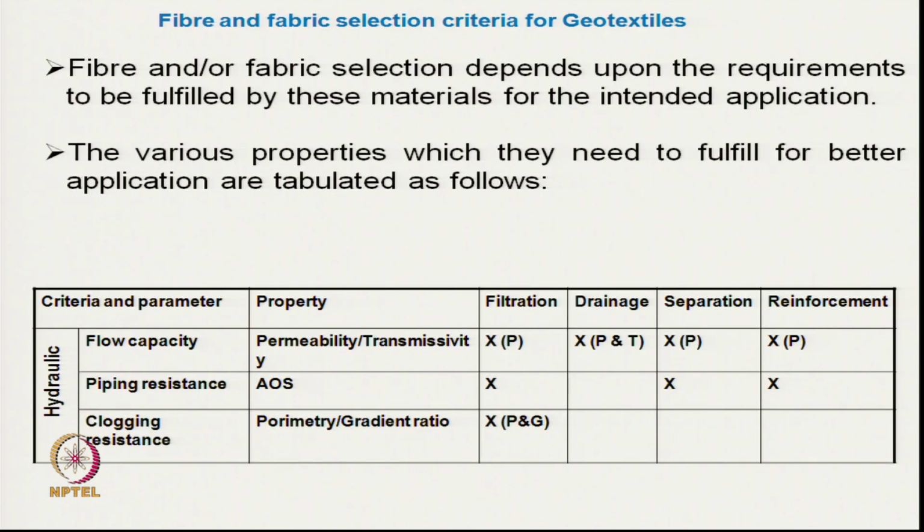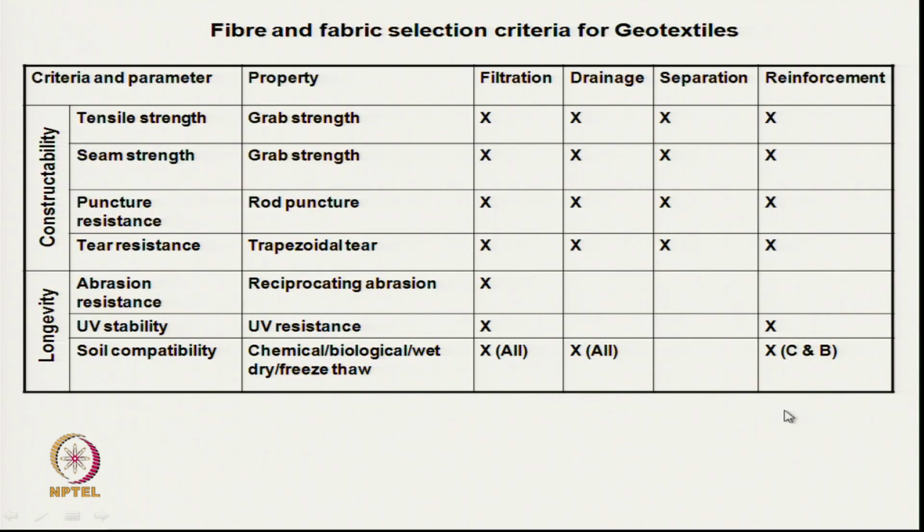So, this table will show different criteria or different application where different types of characteristics are important. Hydraulic parameters like clogging resistance, piping resistance. So, these are the parameters important.